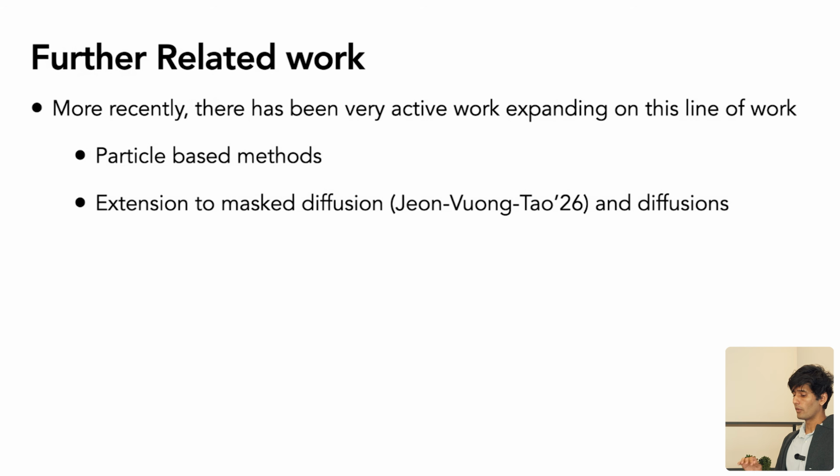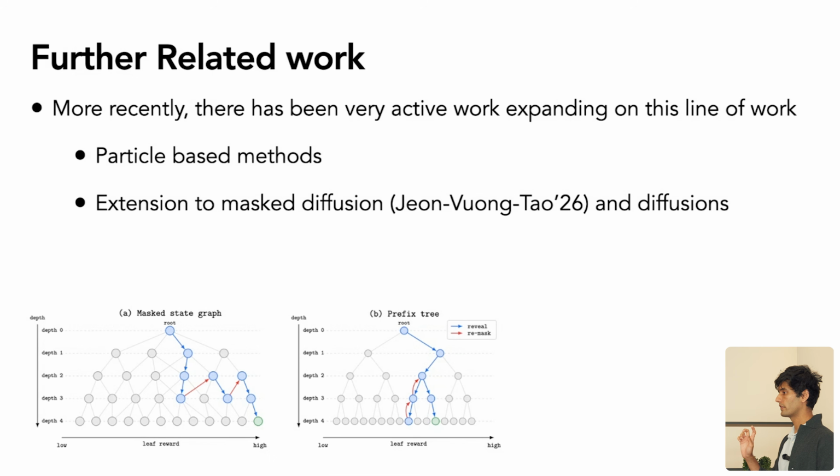These versions have also been generalized from language models to masked diffusion models and diffusion models more generally. In particular, it's super satisfying to see this recent extension of the algorithm that I mentioned to the setup of masked diffusion models, where the algorithm looks roughly the same way.